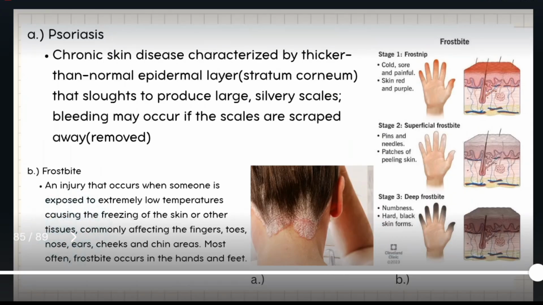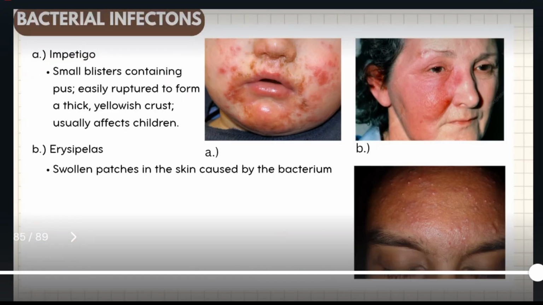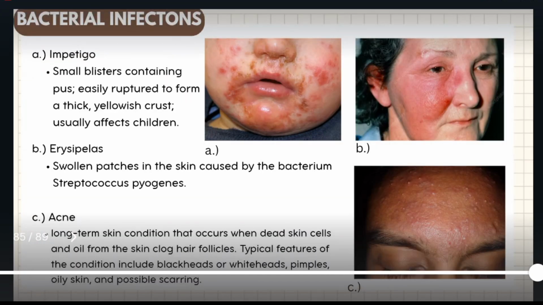Next one, we have the bacterial infections. The impetigo is small blisters containing pus, easily ruptured to form a thick yellowish crust, usually affecting children.